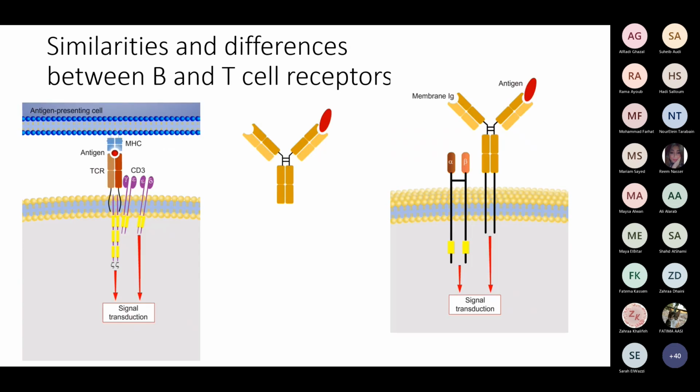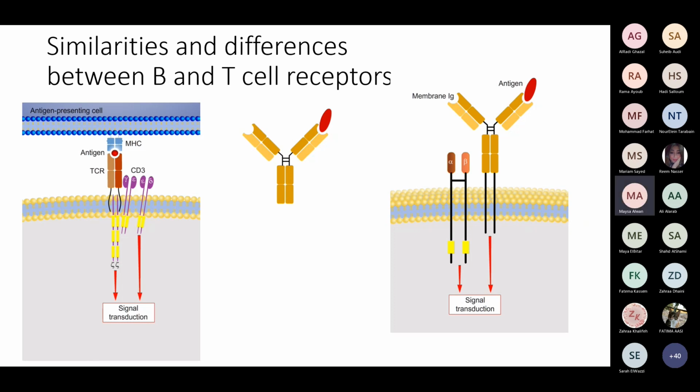Now, what are the similarities and the differences between B and T cell receptors? I'll let you tell me one by one. What is the first similarity we noticed? Both of them have... no, I'm not talking about the co-receptors, let's talk about the T cell and B cell receptors. Both have variable and constant regions, right? Both have the variable region on the side of binding to the antigen, right?